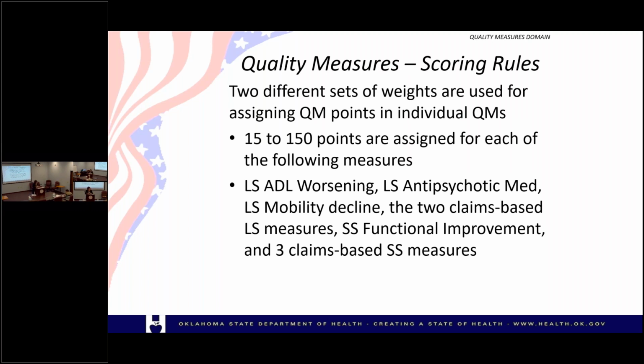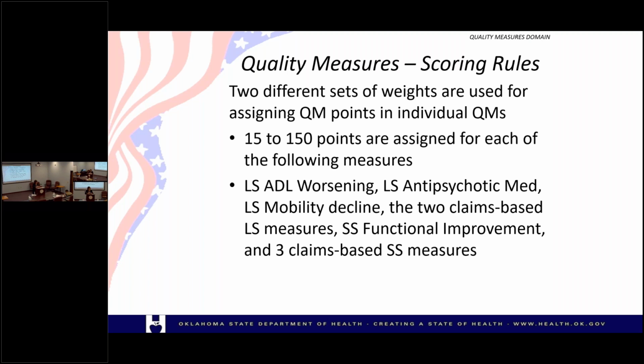So there's 2 different sets of weights that they use, and they assign points again to these quality measures. There's anywhere from 15 to 150 points for these measures I've listed here, like your ADLs, antipsychotic med use. And you'll see there that I put LS, that means long stay. Long stay antipsychotic med use.